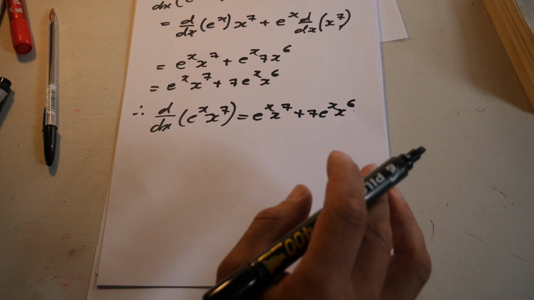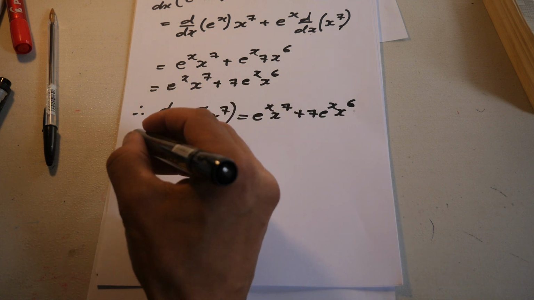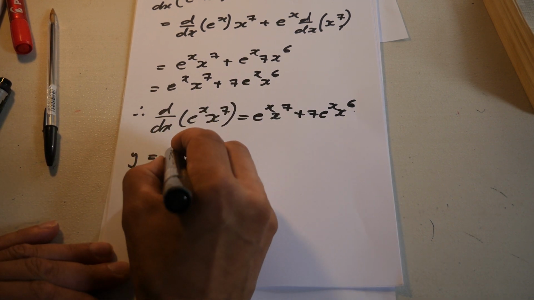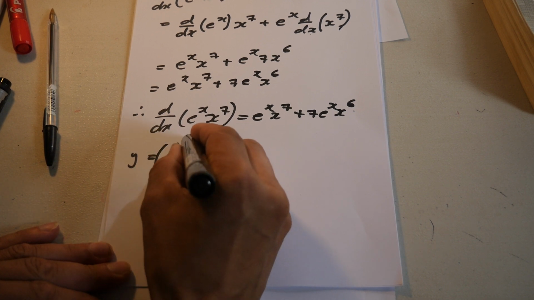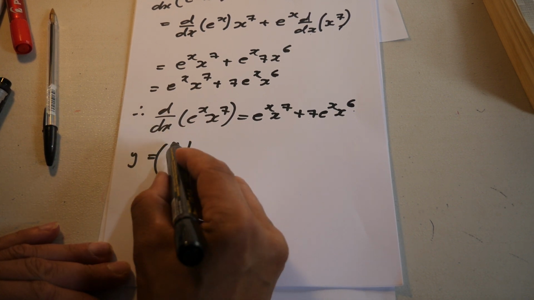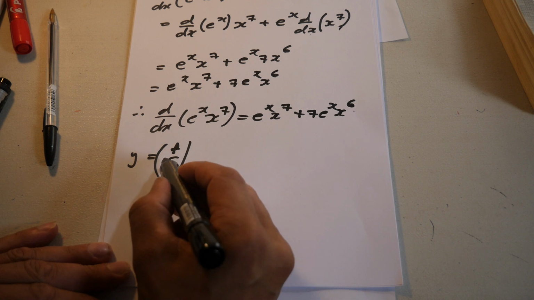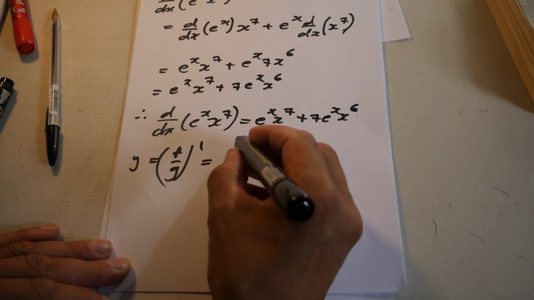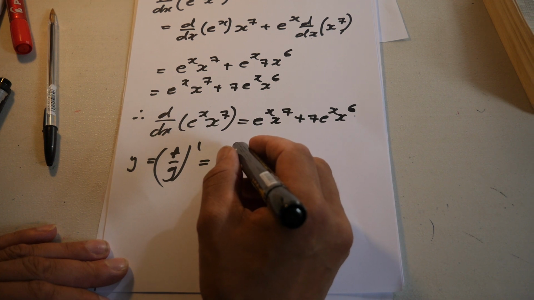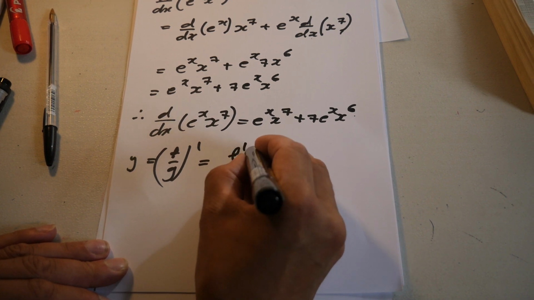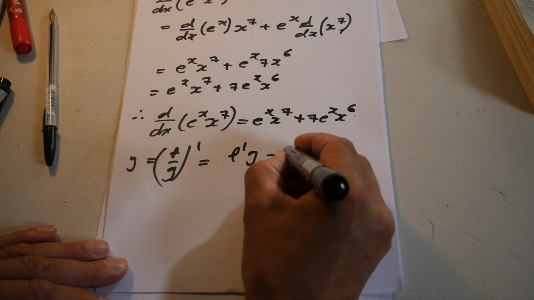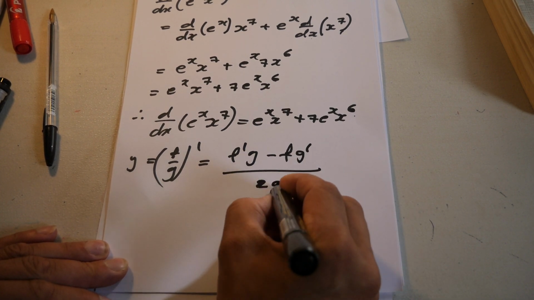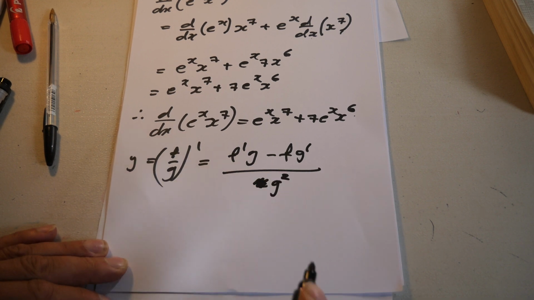So next, the quotient rule, okay? The derivative of the function f of x divided by g of x equals f dash g minus f g dash over g squared, okay?